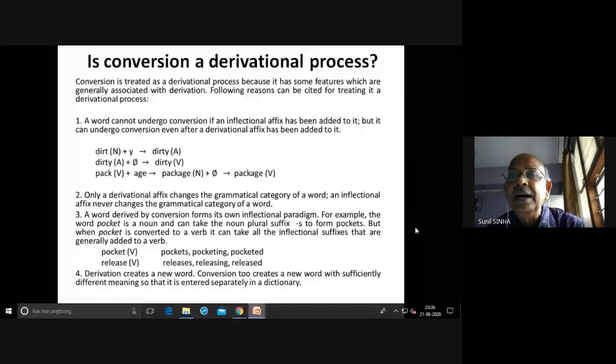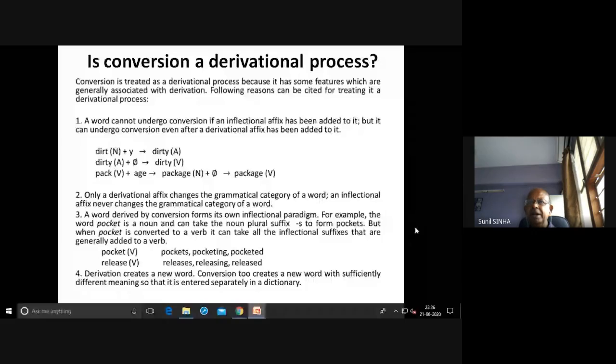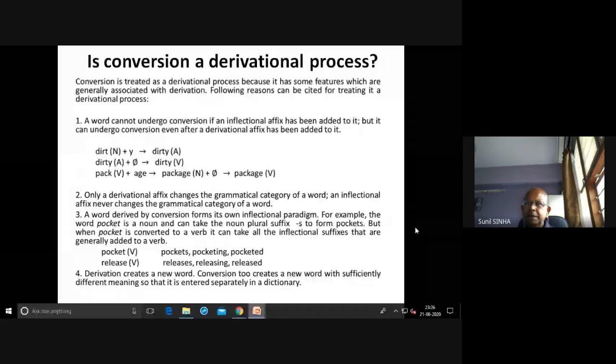Now the title is, conversion: a derivational process? Now I have been talking about conversion being a derivational process. And what is a derivational process? We derive a word by adding a suffix or a prefix. That is a derivational process.